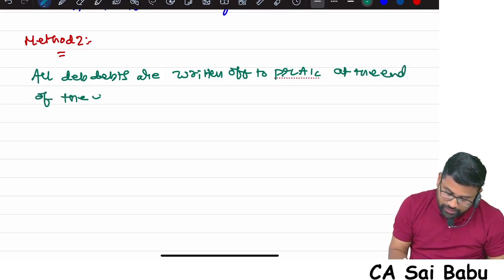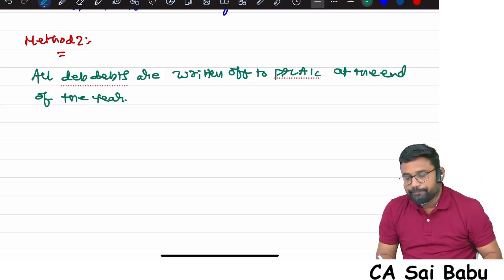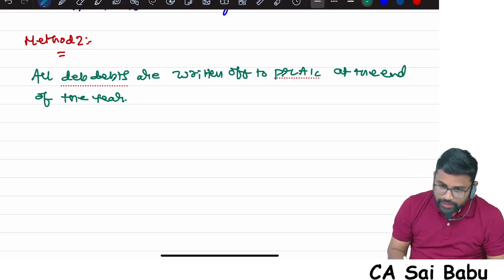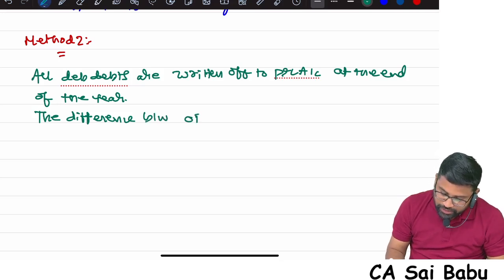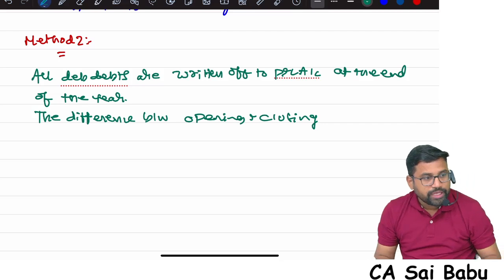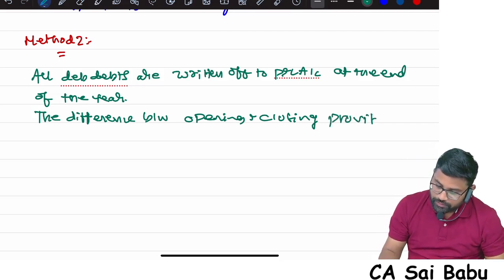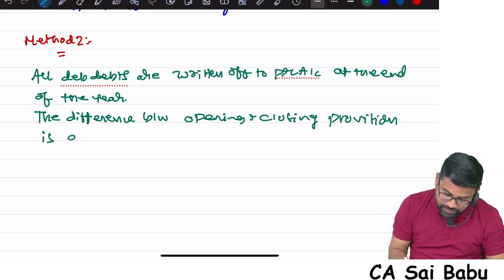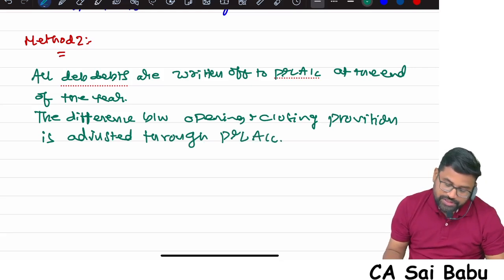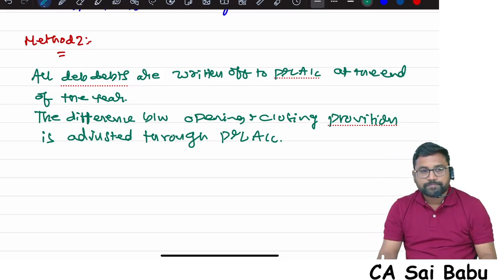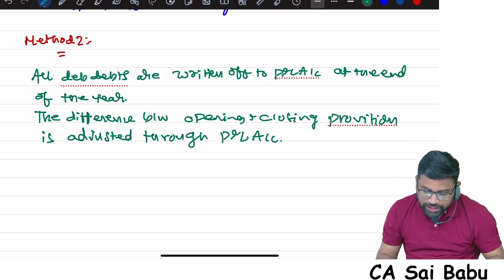And the difference between the opening and closing provision is adjusted through P&L account. Only these 2 points are important.